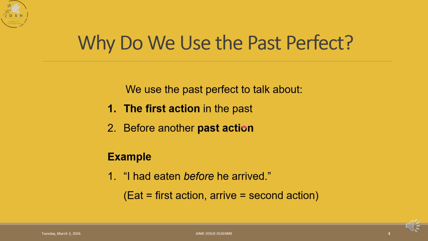What two actions happened? And then those two actions, they have the first action and the second action. When we are talking about the first action, we use the structure of a past perfect. That's why we say that we use past perfect to talk about the first action in the past before another past action. The second action is stated using the past simple.